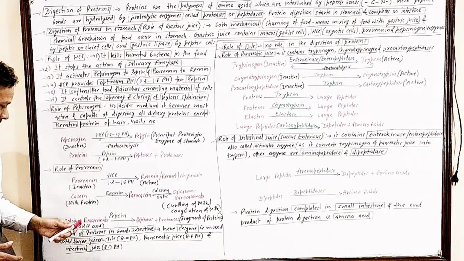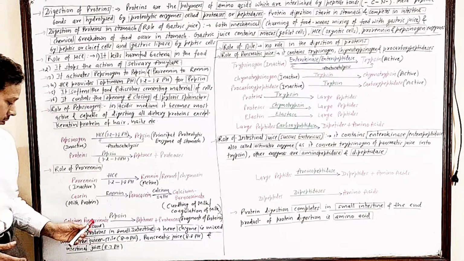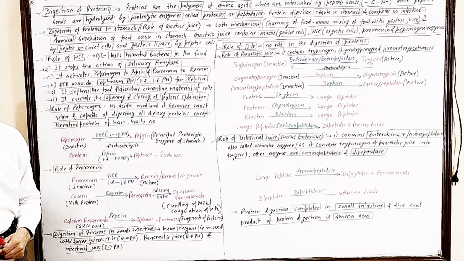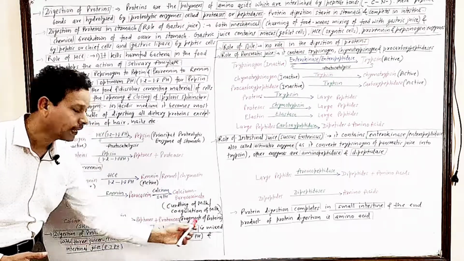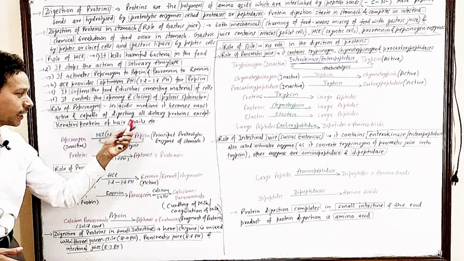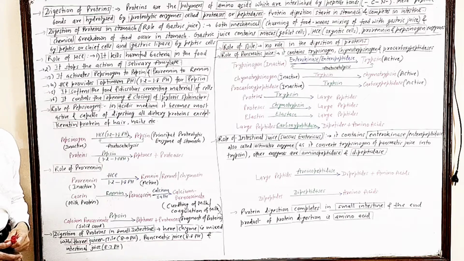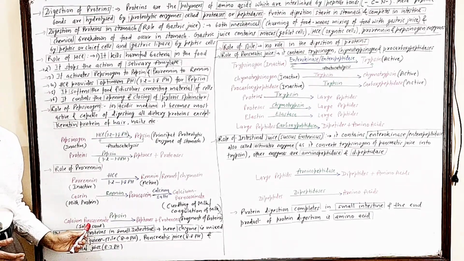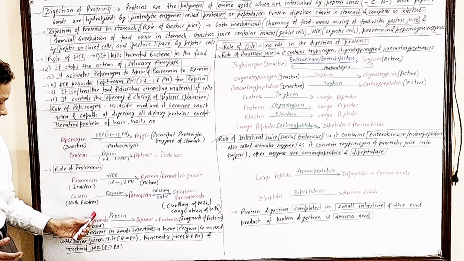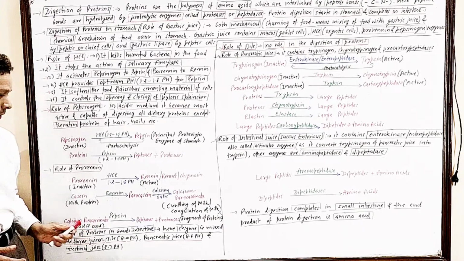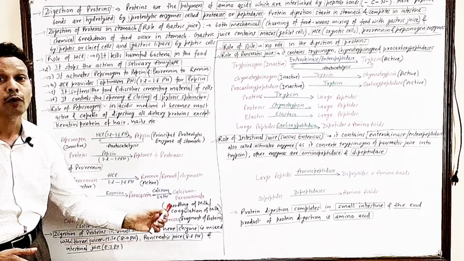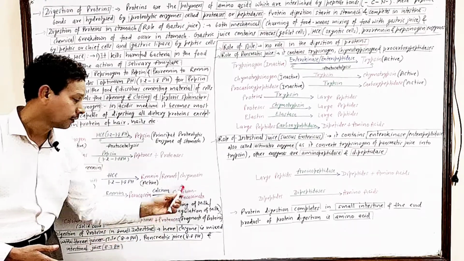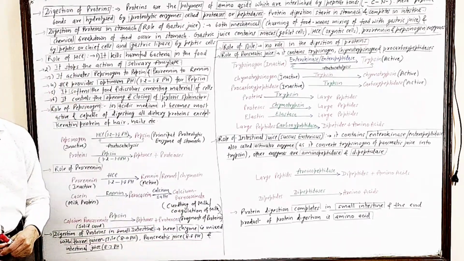Now on this calcium paracaseinate, on this coagulated milk, the active form pepsin acts and converts the coagulated milk, calcium paracaseinate, into peptones and proteoses. Again, these are fragments of proteins.